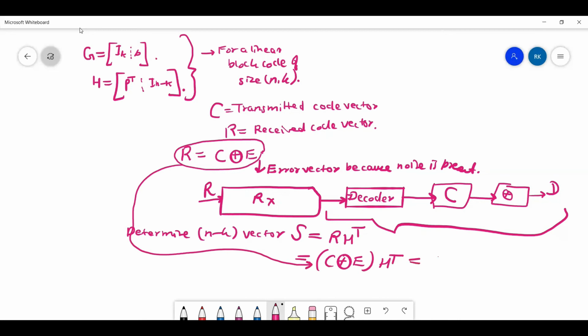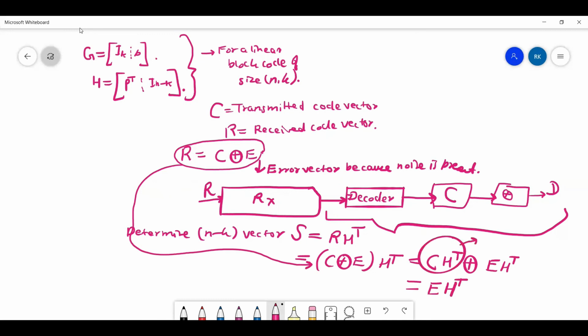And now this can be broken down and written as C H^T added with E H^T, and this can be a modular addition depending upon our requirement, which in turn becomes equal to E H^T, since C times H^T is already equal to 0.